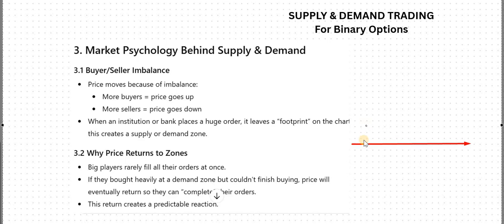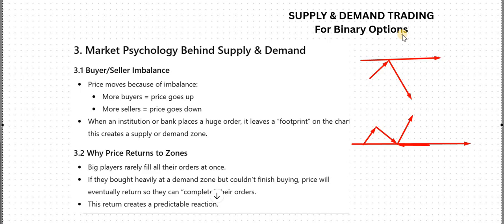So if price is going up like this and it comes down and now it's going up, it is because there is a belief at this point in the market that the price will go up more than it will come down. Likewise, in a downtrend, when the price is going down like this from this point, there is a belief that the price will go down, and that belief is being manifested on your charts. That is where the psychology behind demand and supply comes in.